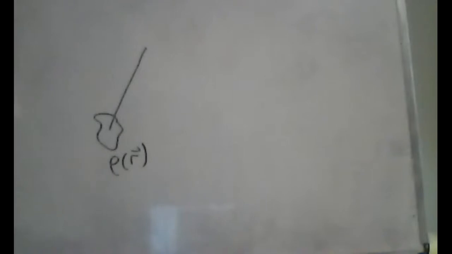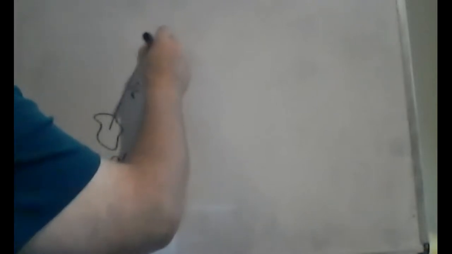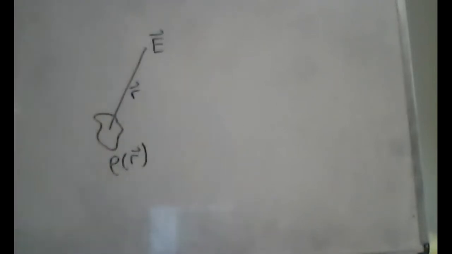There's going to be some sort of distribution of charge, call it rho of R. We want to ask the following question: at some location in space, some vector R away, what is the electric field right there? That's for a generalized charge distribution.